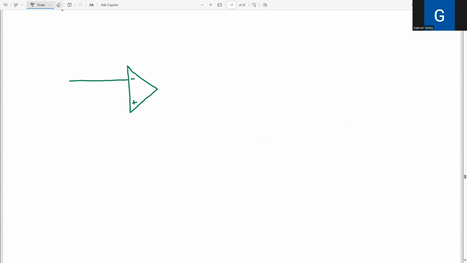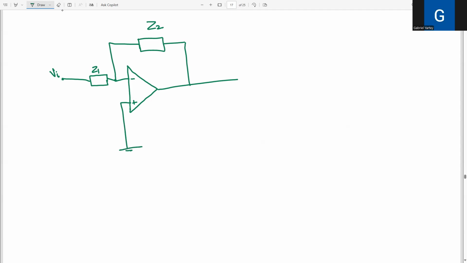And then you have a particular impedance, Z1 here, and a voltage VI is being applied here. And then for the feedback part, this is Z2, and this is connected to ground.